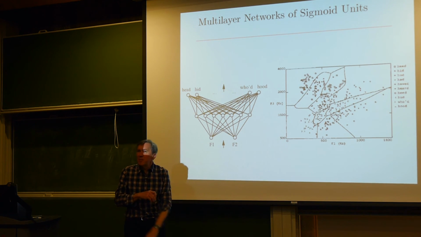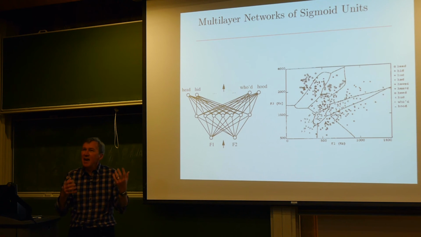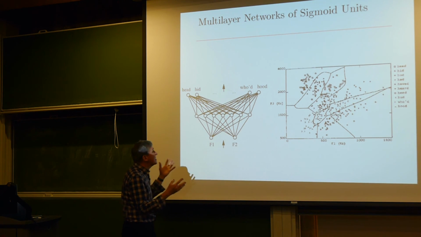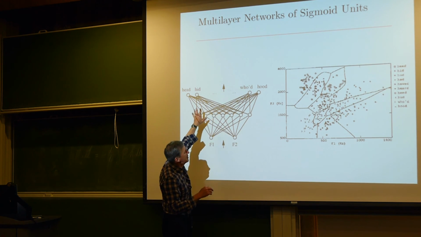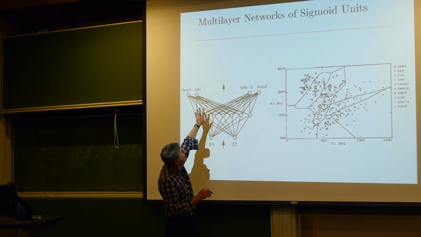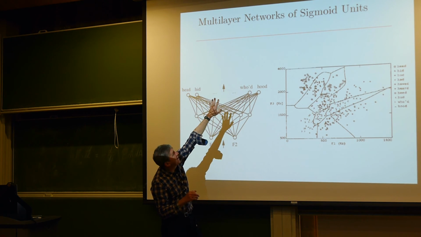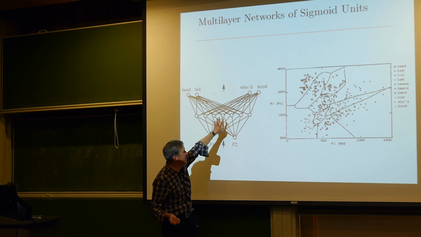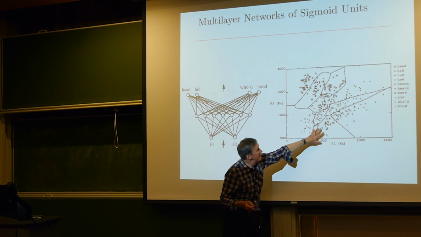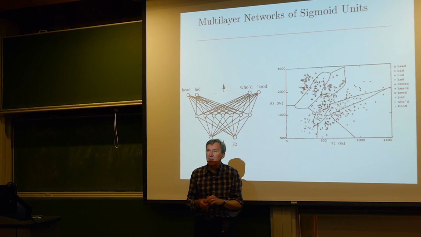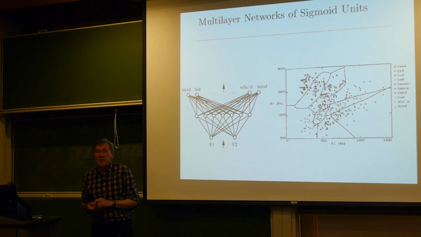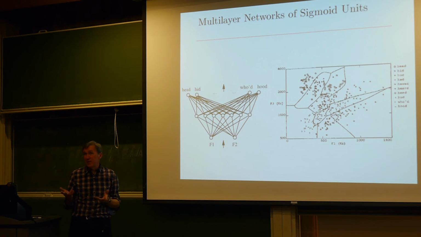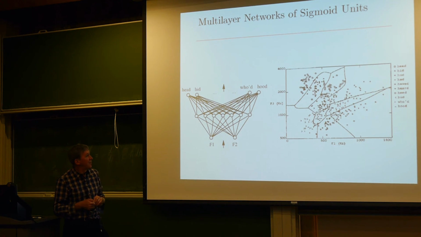But I like this example because it captures very succinctly what a multi-layer network of sigmoid units can do, and logistic is a synonym for sigmoid units, and the very interesting nonlinear classifiers that can be learned using these things.